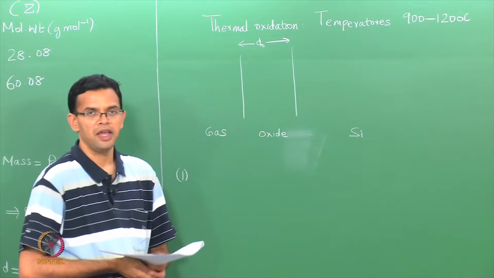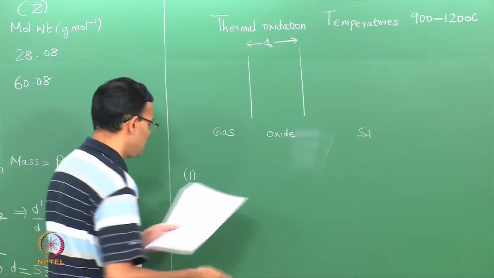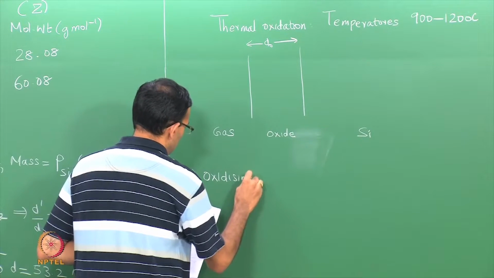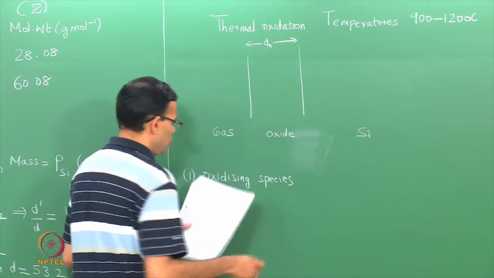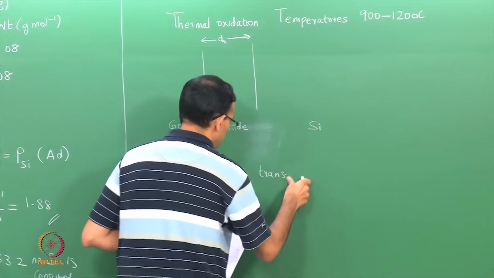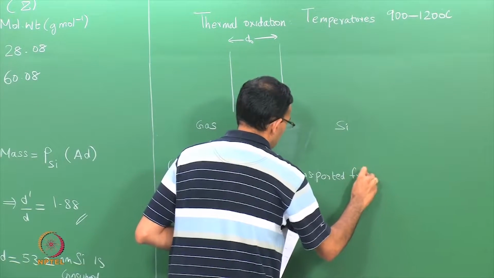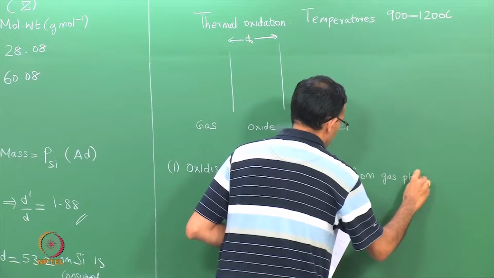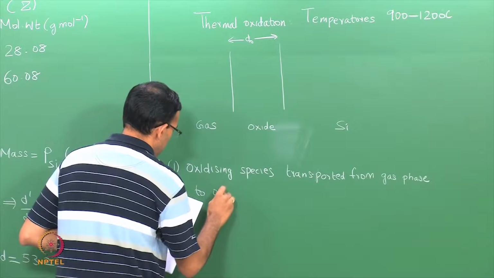So, if you look at the various steps of oxide growth, the first step is that the oxidizing species has to be transported from the bulk to the oxide gas interface.